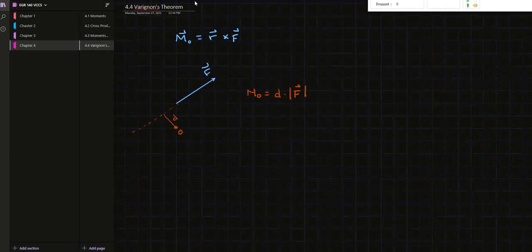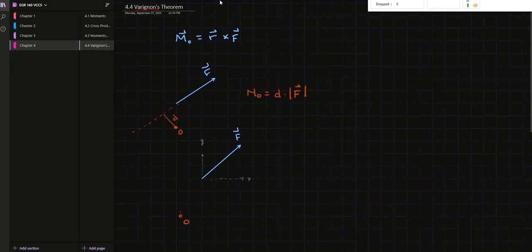But let's say you don't have that. However, you do have a situation like this. And perhaps you can define the y direction and the x direction here in Cartesian coordinates.